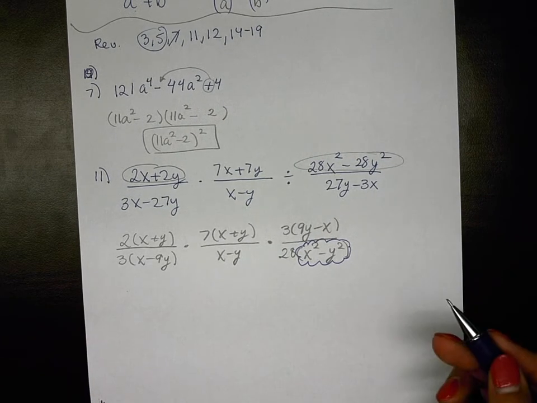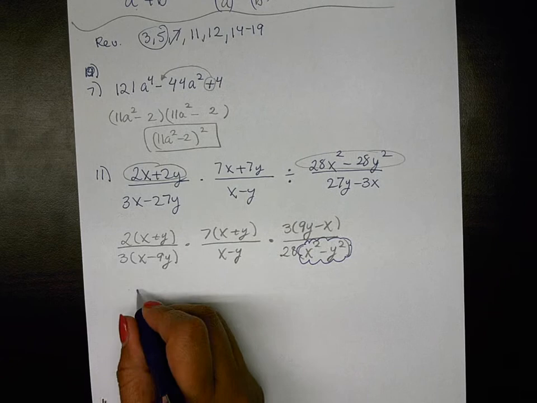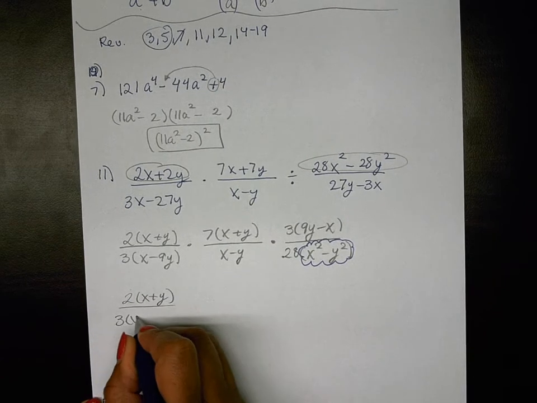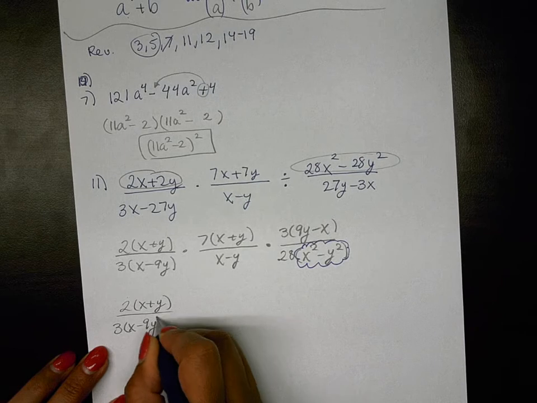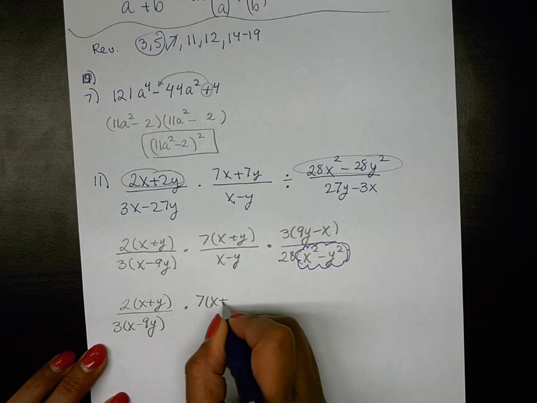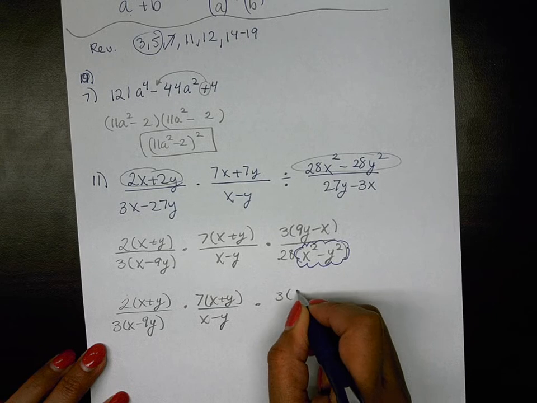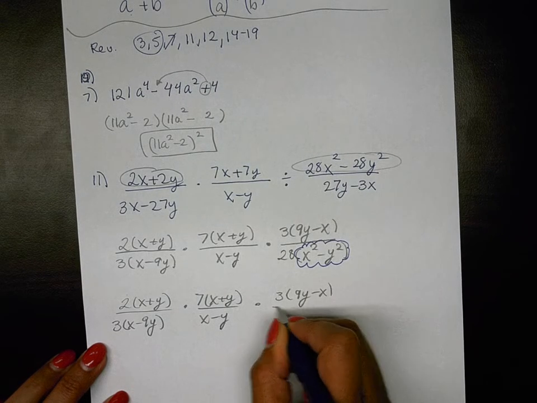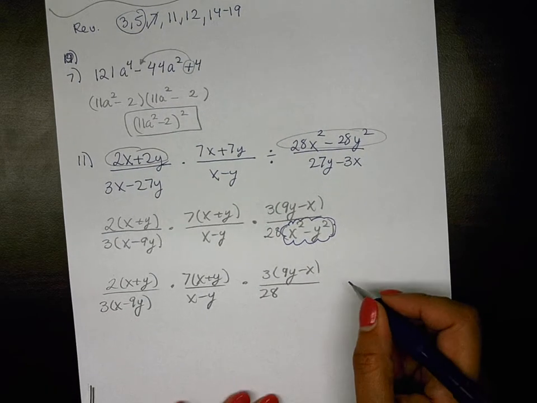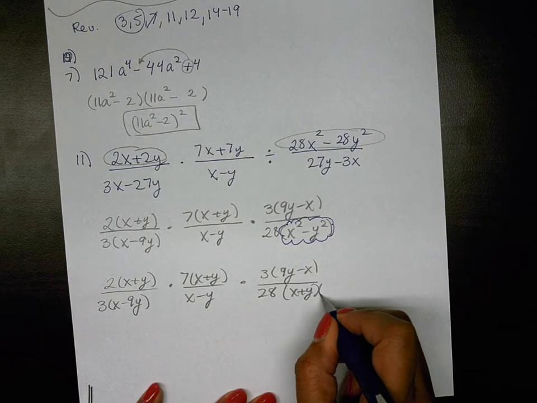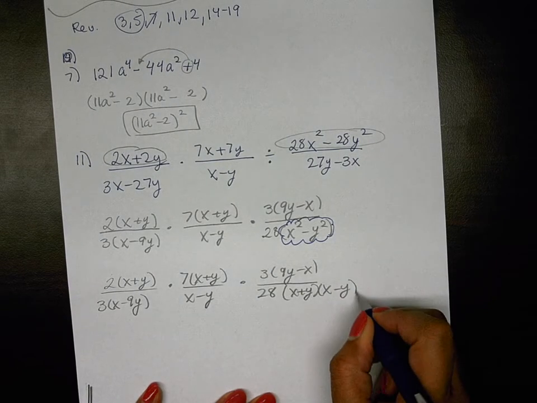Some kids will just erase it and factor it there, but I wrote in pen, so I'm just going to do it on the next step. 2 times x plus y. Okay, and then 28 parentheses x plus y, x minus y.